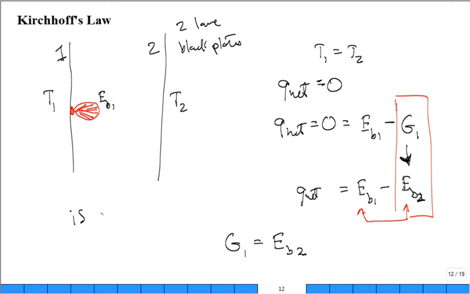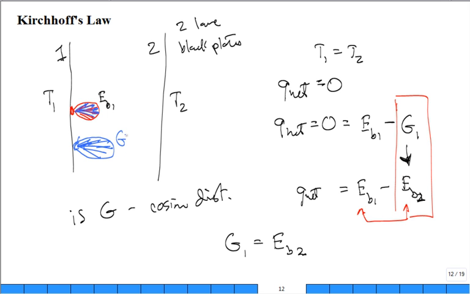Meaning that you're just the opposite. Instead of going out like this, they would be coming in. So fewer would be coming in at a shallow angle, and a lot would be coming in at the normal angle.